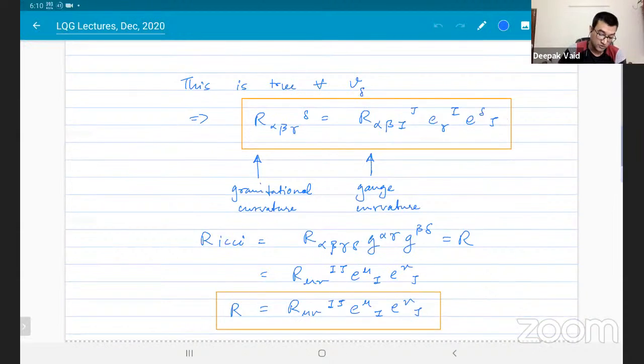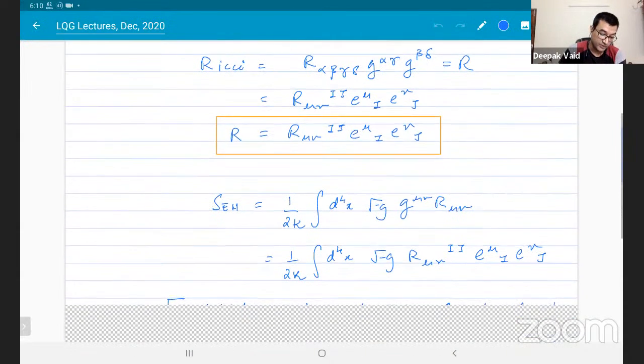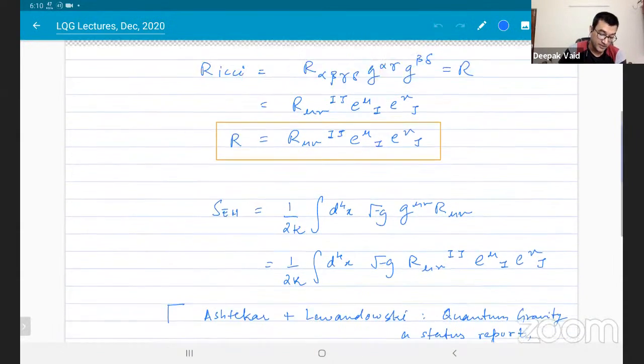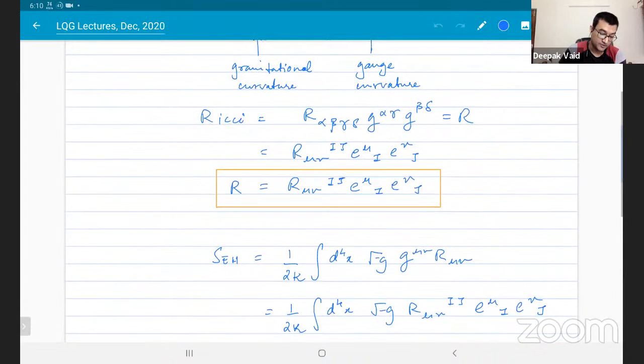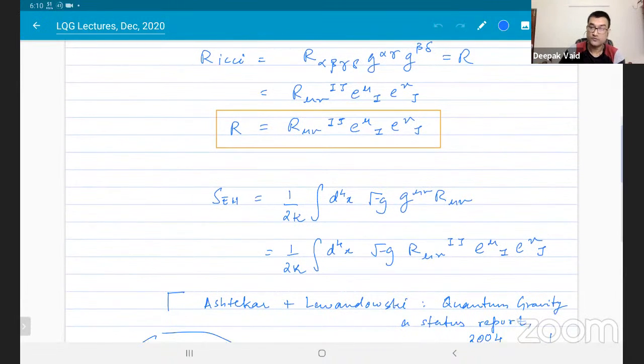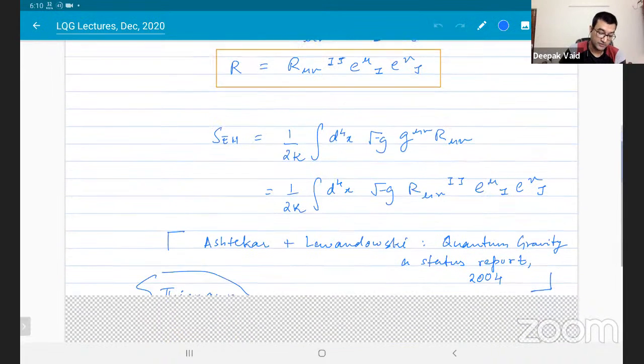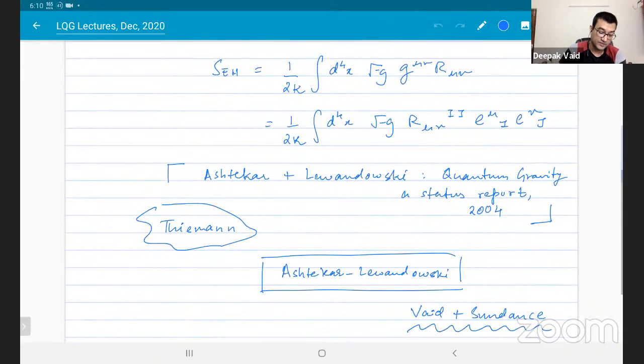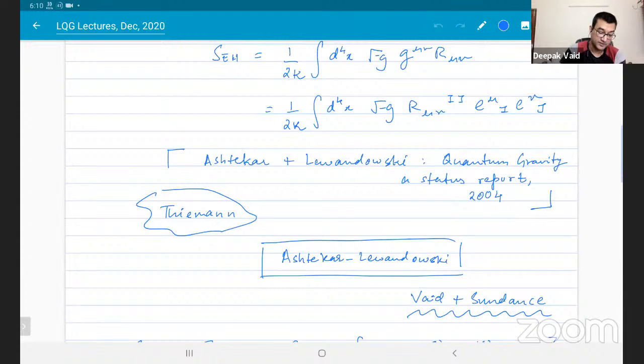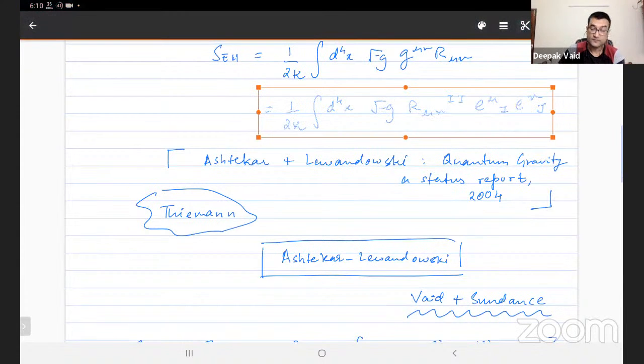So they encode exactly the same information. And therefore you can also write down the Ricci curvature and the Ricci scalar in terms of this gauge curvature. And finally, we can write down the Einstein-Hilbert action in this manner.